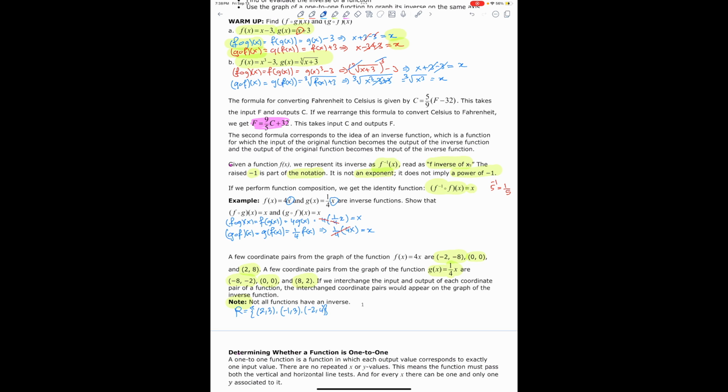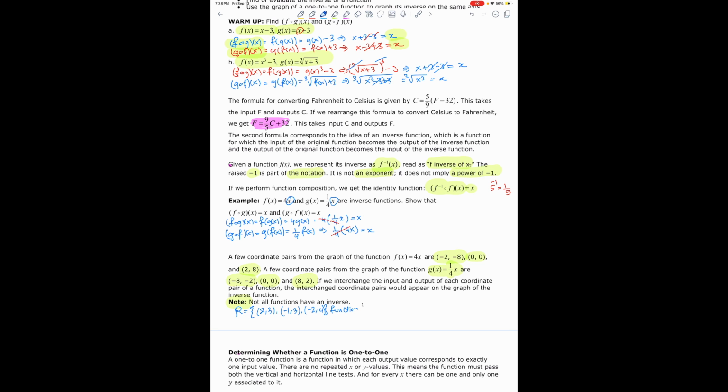Okay. This is a function. We know that this is a function because each element from the domain is paired with only one element from the range. So this is basically a function.